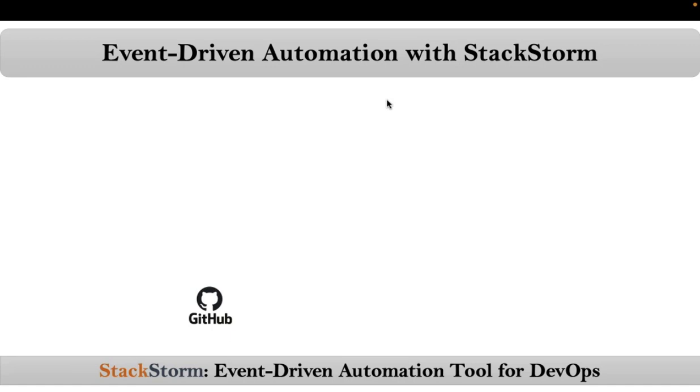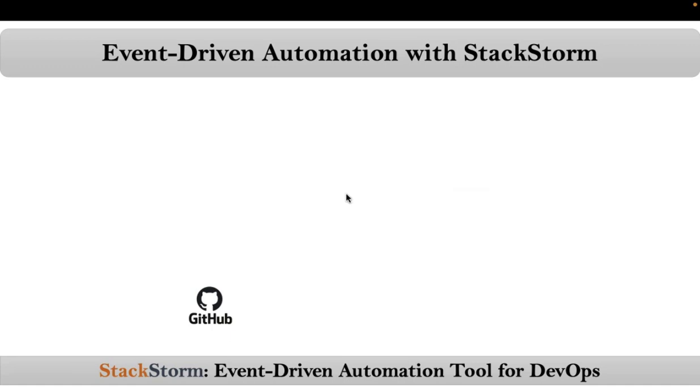Now let me take a simple requirement on this GitHub. Whenever there is a code commit, I need to automatically build and push the image to some registry. And whenever there is a branch deletion on GitHub, I need to send an alert. For this purpose, we can use StackStorm.